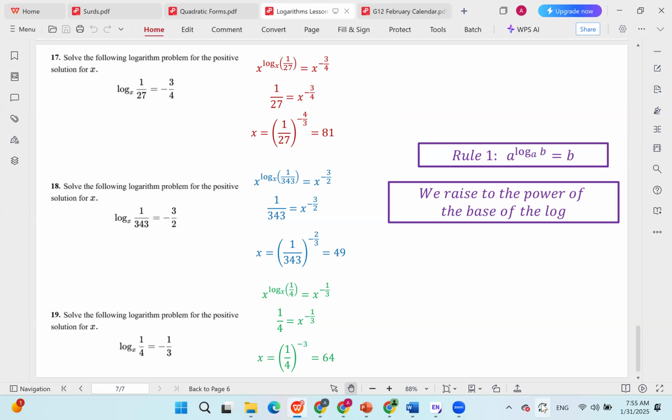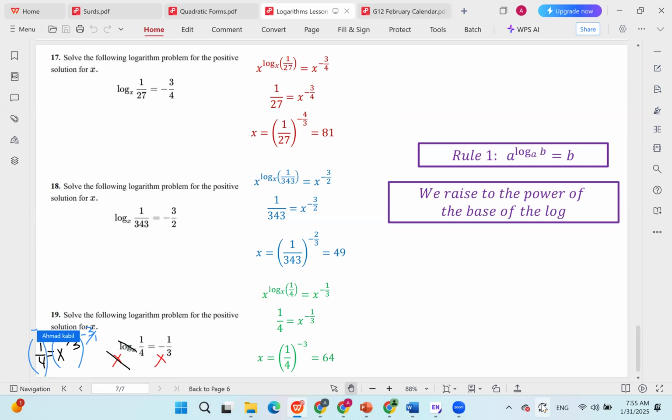For the final example in this video, we have log base x 1 over 4. So again, x to the power of this equals x to the power of that. These cancel out, and we end up with 1 over 4 equals x to the power of negative 1 over 3. And to get rid of the power, I will have a new power here of negative 3 over 1.